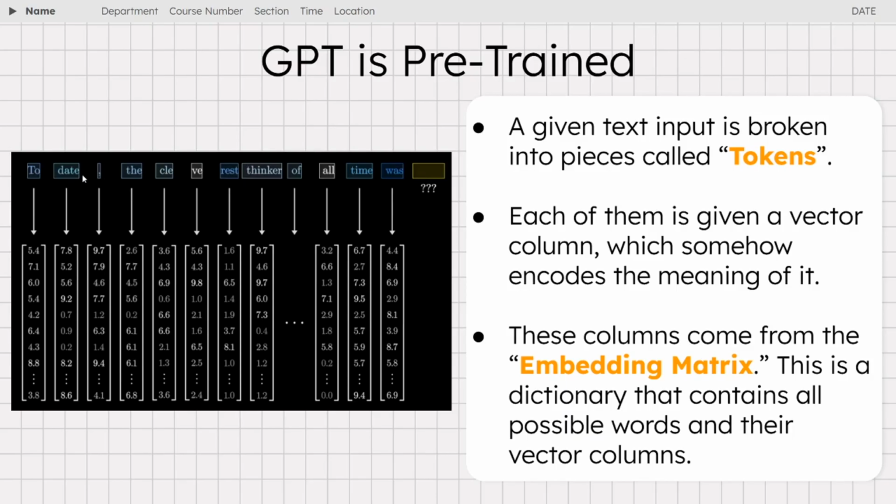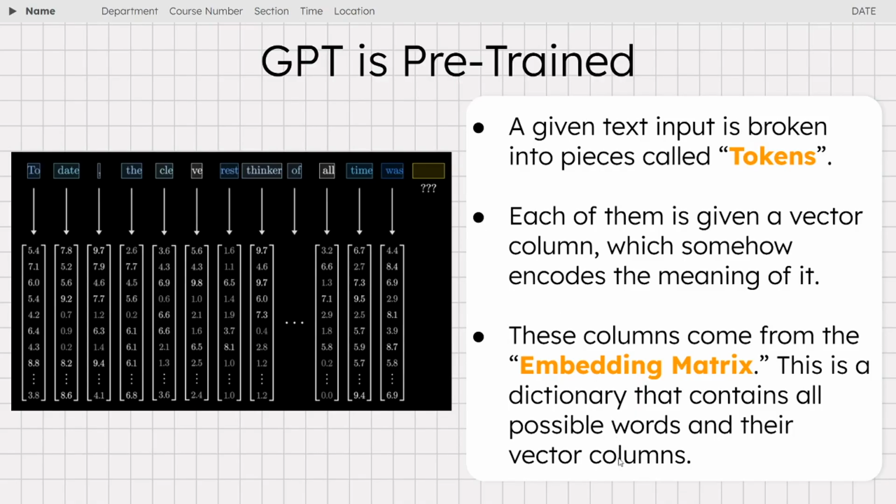Each token is then assigned a vector column that somehow tells you the meaning of these words. And these columns come from the embedding matrix. This matrix is a dictionary that contains all the possible words or tokens and their vector columns, or the values associated with them.